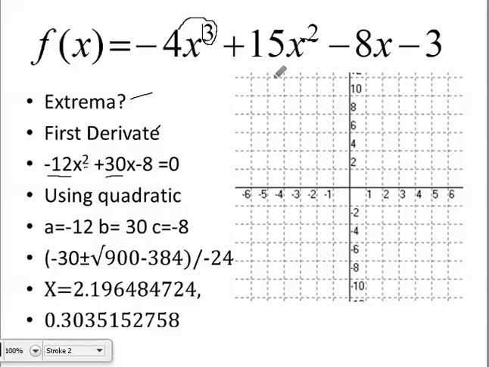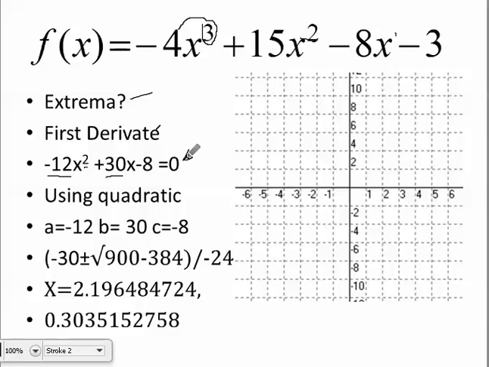Take 1 less than the exponent, x to the first. Exponent 1 times -8 gives me a -8. Take 1 less, and that gives me x to the 0th, or just a constant -8. And there is no variable on this one, so it drops off to 0. This is my first derivative.